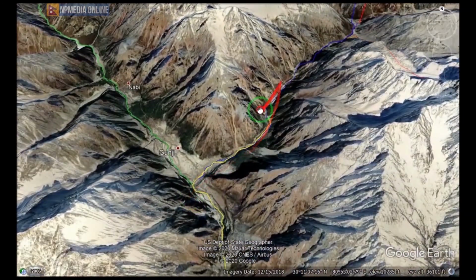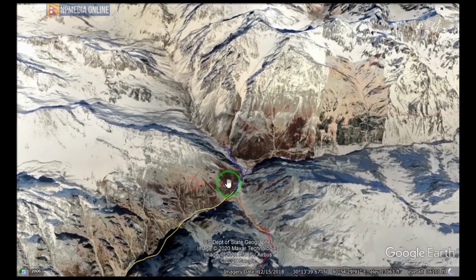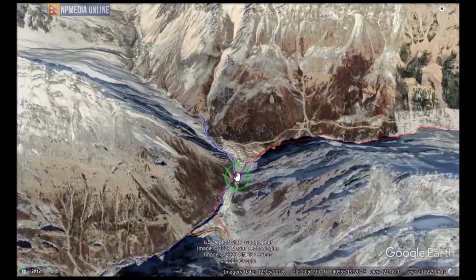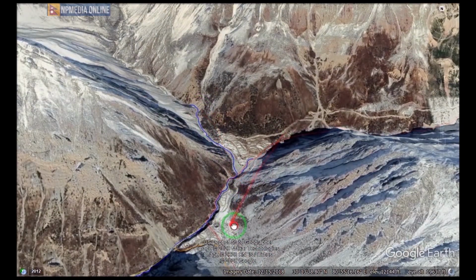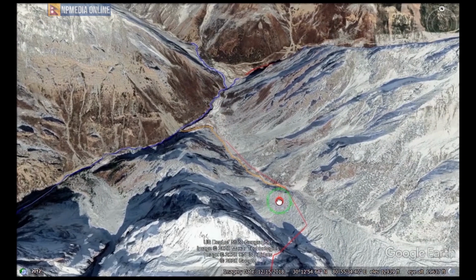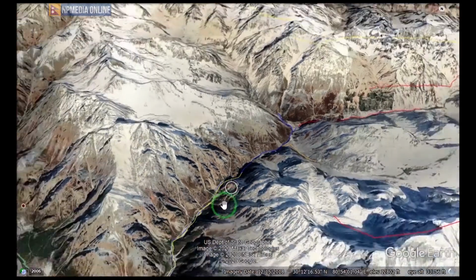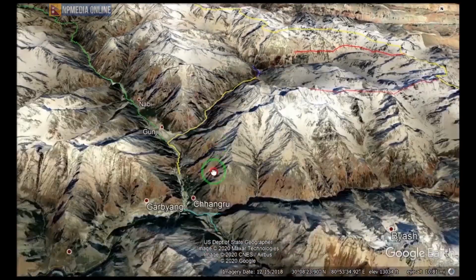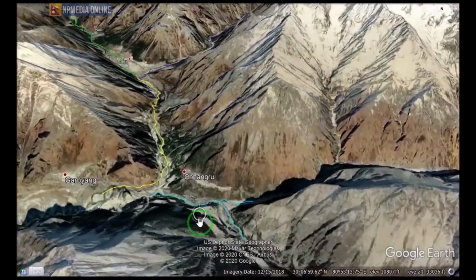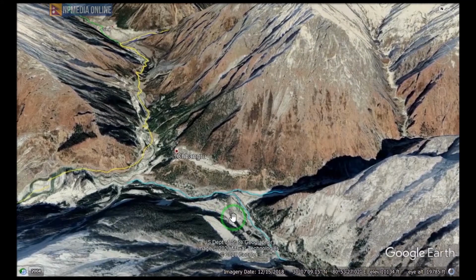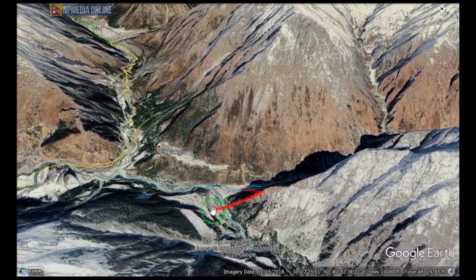Second, the blue place, both sides. Third, the orange place. Fourth, the cyan place, both sides.